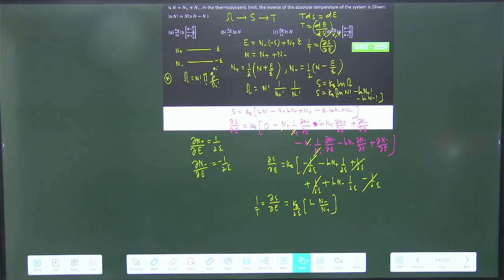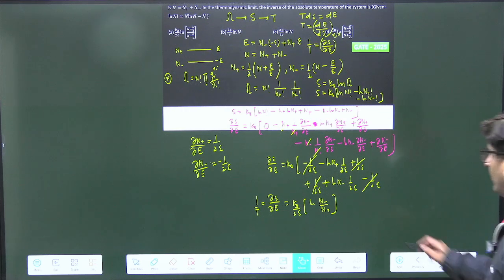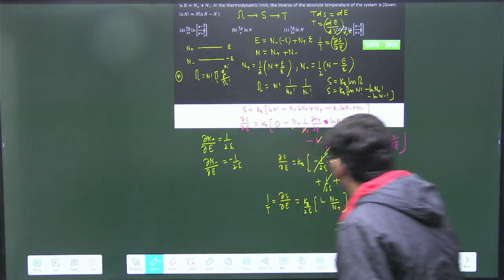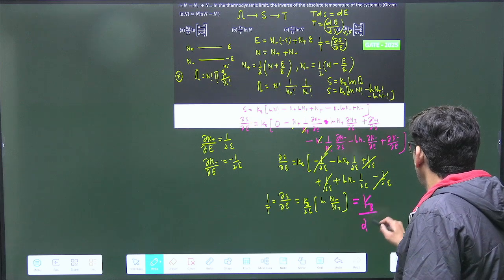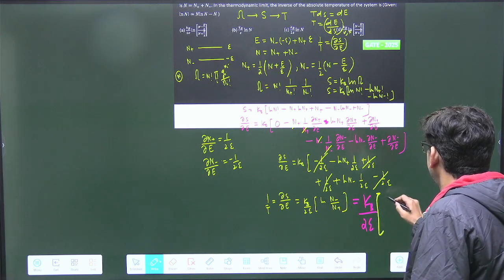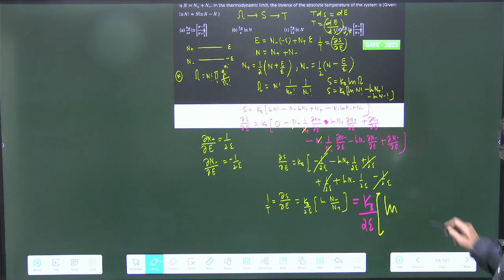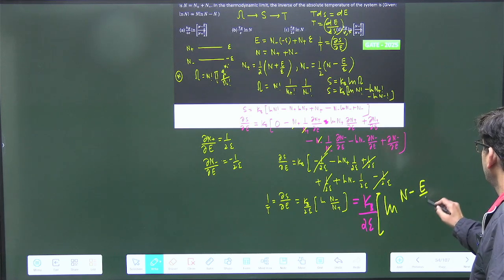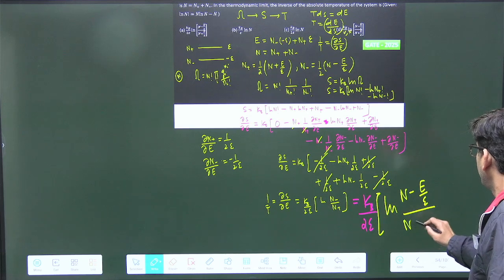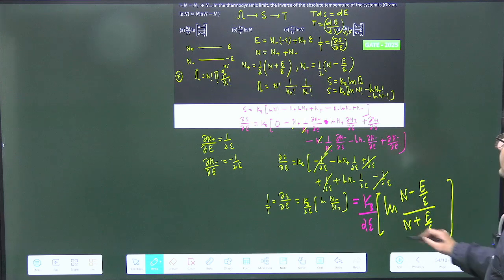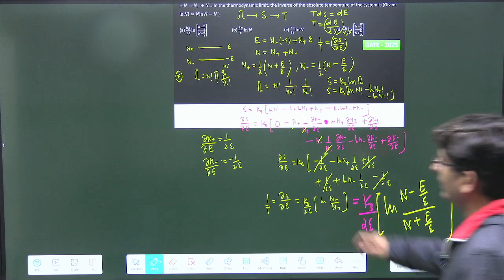So 1 by T is equal to KB by 2E ln of n minus by n plus, which is KB by 2E ln of n minus E by E upon n plus E by E. This is the answer A.